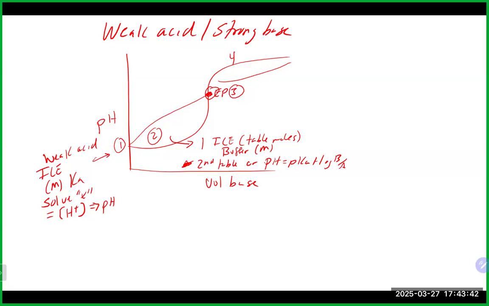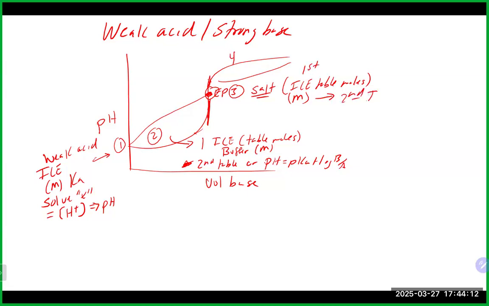And as we talked about, once you blow through that buffer, you are going to get that vertical leap to the equivalence point. Once again, at the equivalence point in this situation, you will be left with a salt, and you will need to do an ice table in moles. And that is essentially what you'll be left with at that point. You want to convert back to molarity, and you will need to do a second ice table.